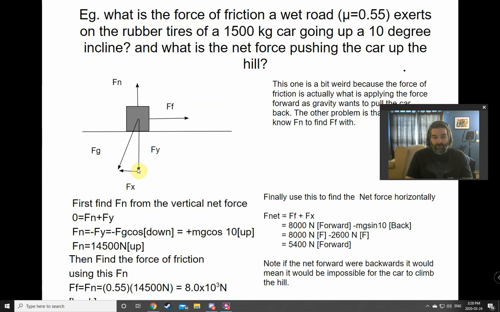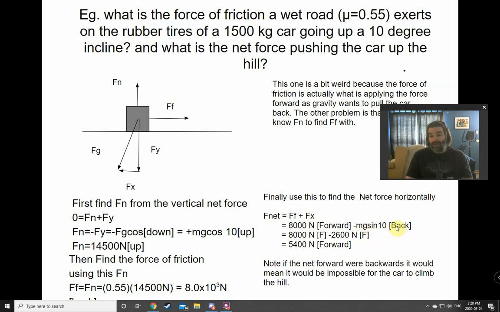So look at your x arrows. Well, there's 2. The x part of the force of gravity is pulling me backwards. There's the force of friction that's pushing me forwards. So those are my net forces. One is forward, one is back, because friction's always back. Sorry, not friction, my bad. In this case, friction is the forward force because it's pushing you forward.